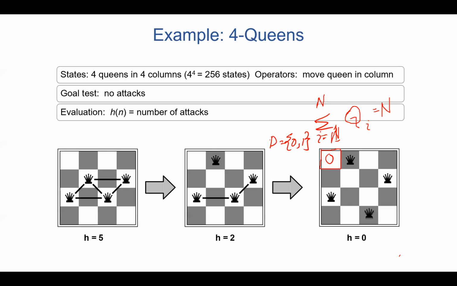If it has a value of 1, then that means there is a queen on it. Simple domain. Check for each square. Now, here we have 1, 2, 3, 4, and then 1, 2, 3, 4, right? 4 columns and 4 rows.